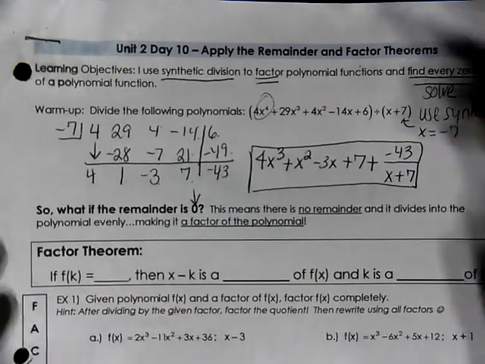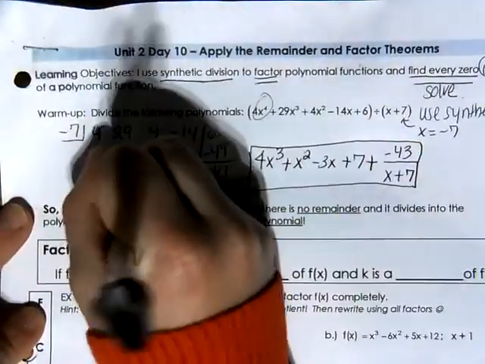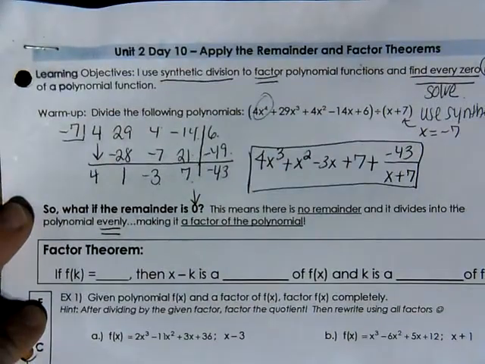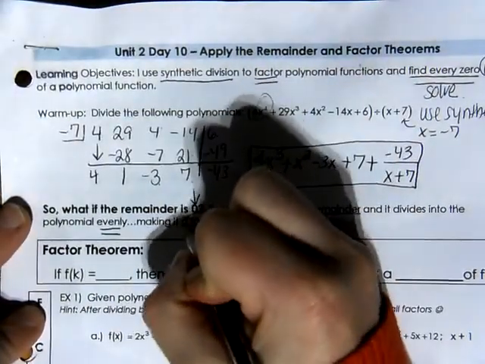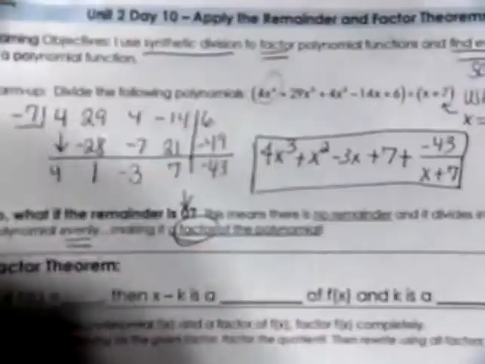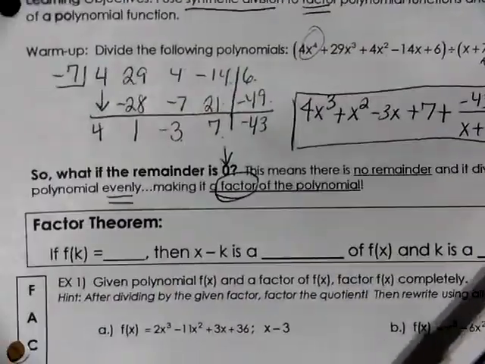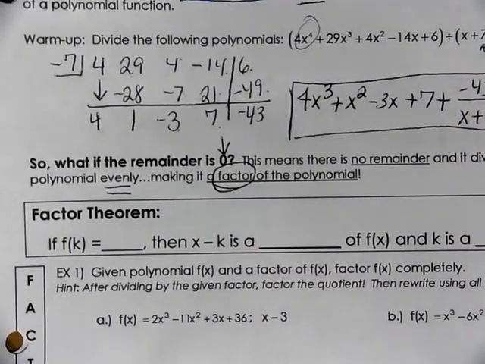So this means that it divides into the polynomial evenly, making it a factor of the polynomial, which means that we can actually factor the polynomial where we already know what one of the factors is. So that's where the factor theorem comes in.